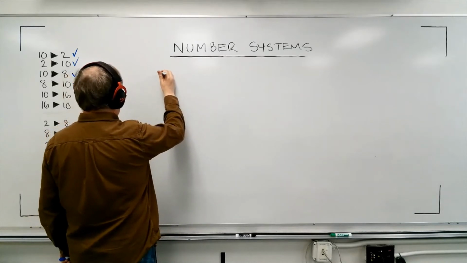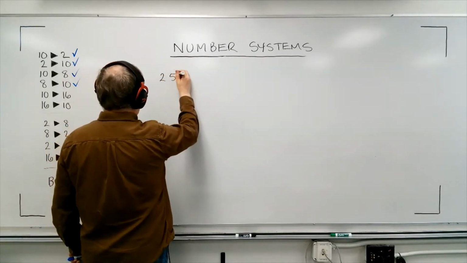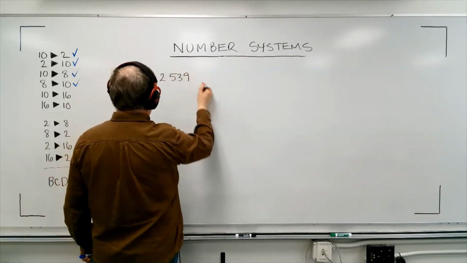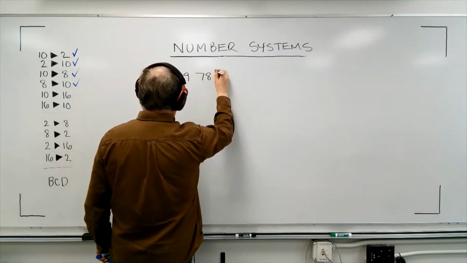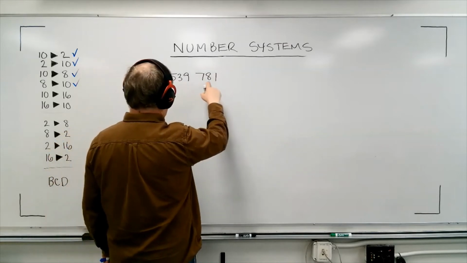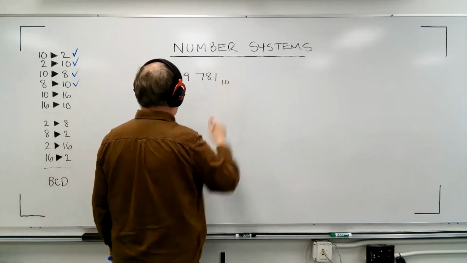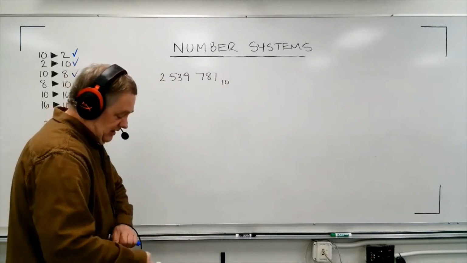I'm going to say that this is 2,539,781. Is that right? 2,539,781 base 10, okay? Now you're gonna see this won't take very long to convert this into a hex number.